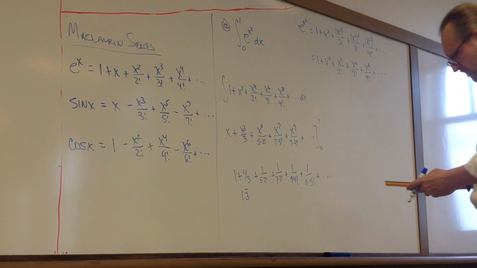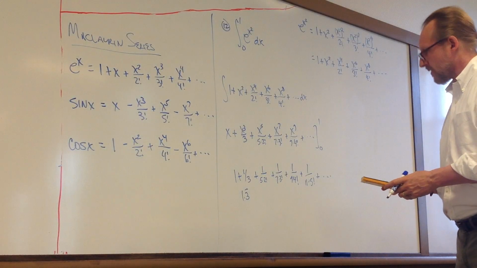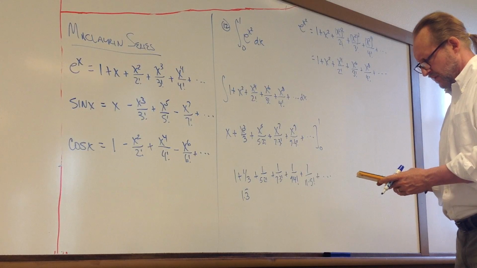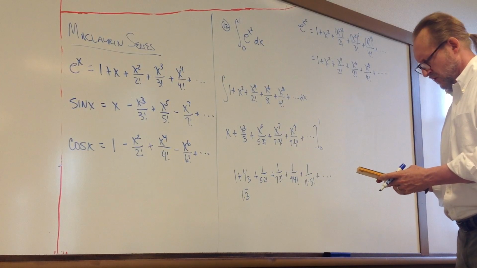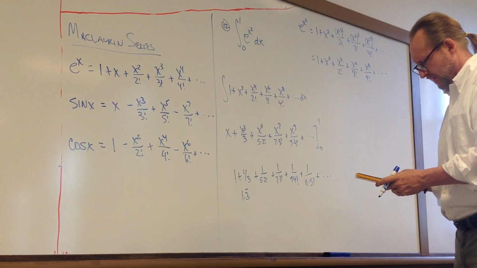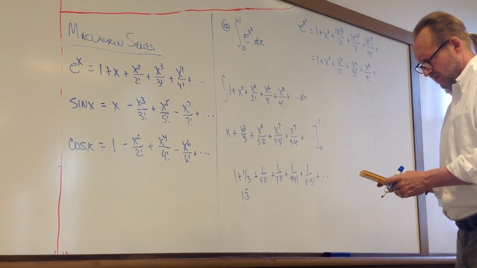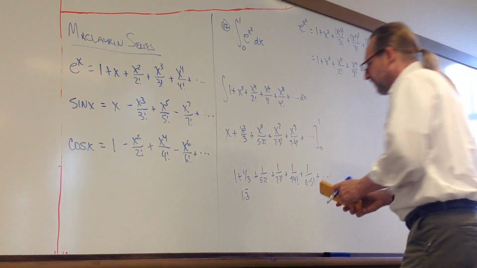Let's see. 1 plus 1/3, and then plus 1 over 5 times 2, plus 1 divided by parentheses 7 times 3 factorial, 1.457.